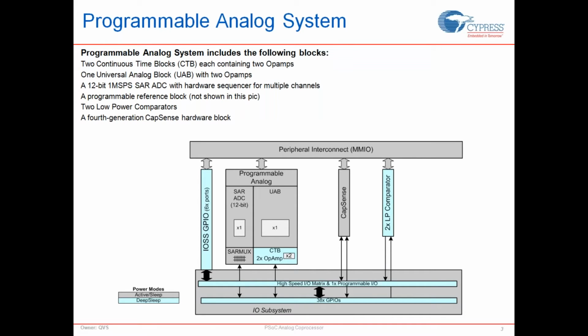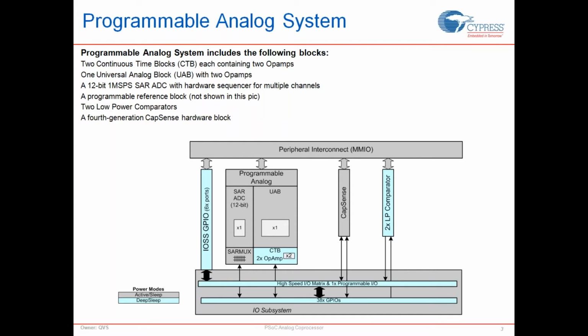So before we jump into the UAB, just a refresher on what we covered last week. We looked at the programmable analog subsystem in the PSOC analog coprocessor. We have a programmable analog block in there, which is the UAB. We have a SAR ADC, which is a 12-bit, one MSPS SAR ADC, a mux that would let you mux all the input lines into the SAR ADC, and two continuous time blocks.